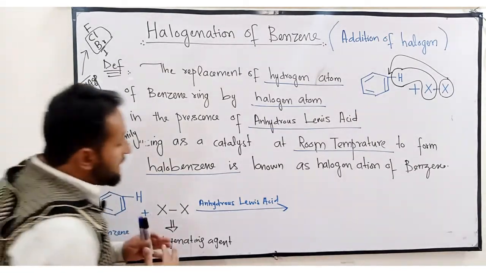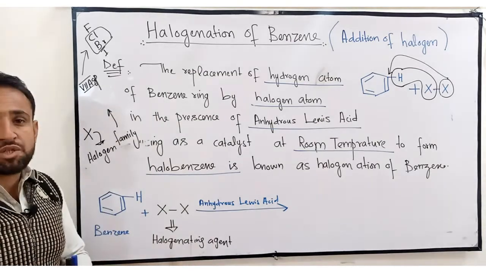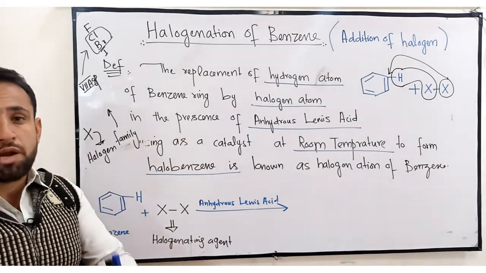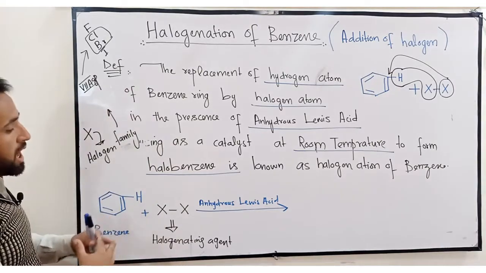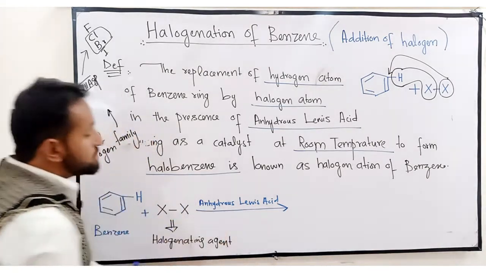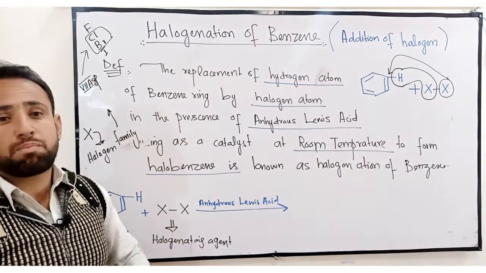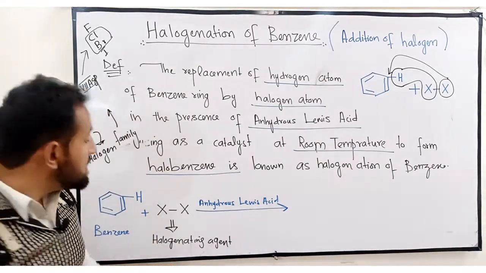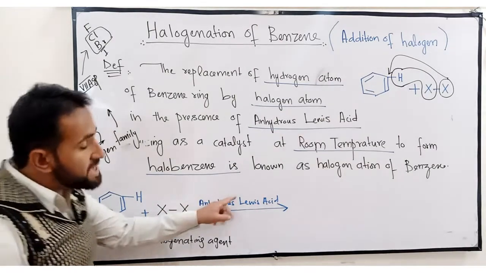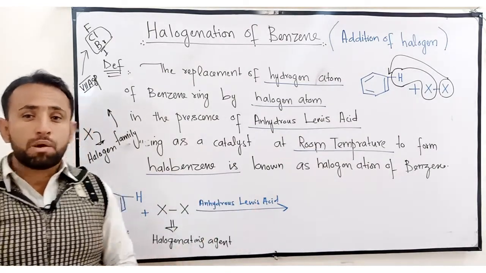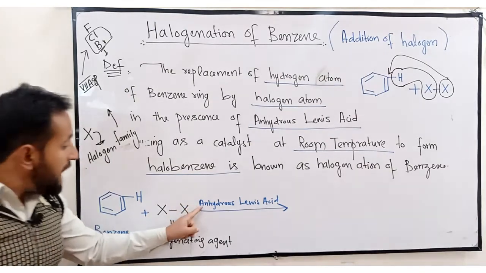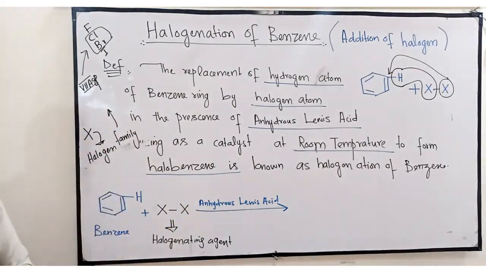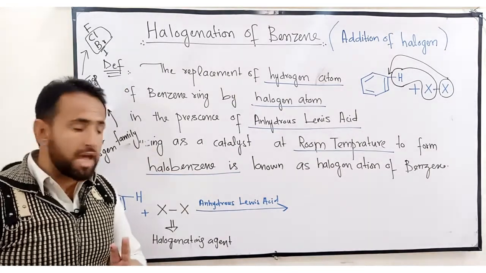That means we have to use a Lewis acid which is without water, which doesn't contain water molecules. Why is it a condition for the Lewis acid to be anhydrous? I will explain it in the mechanism. There are two important questions. Question number one, why are we using a Lewis acid in these reactions? Number two, why are we using an anhydrous Lewis acid in this reaction? These two important questions I will explain in the mechanism.